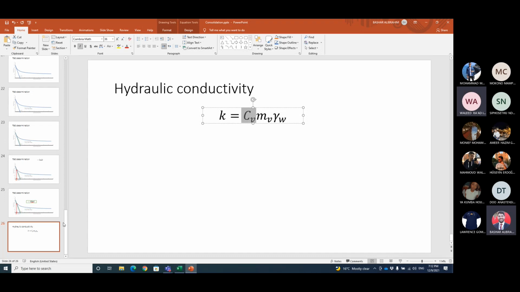And at the end you will plot the changing K with respect to void ratio. So every void ratio and the K of it. Okay. Any questions?